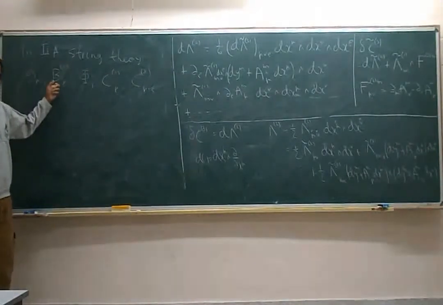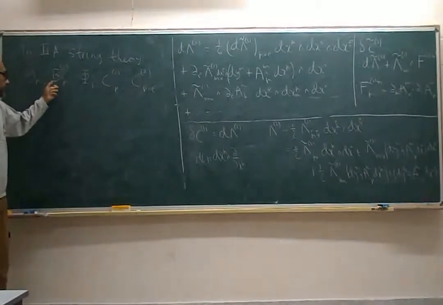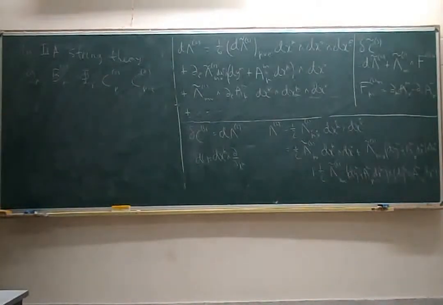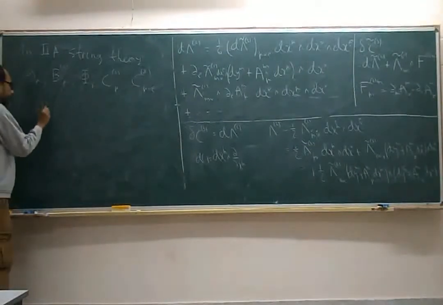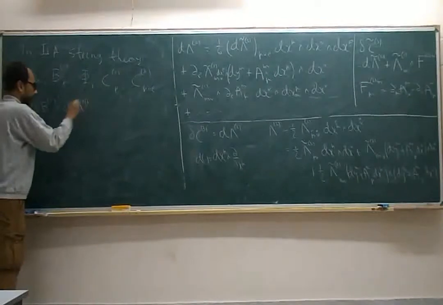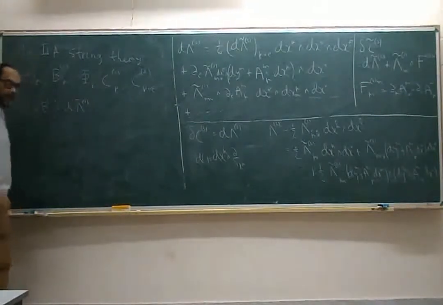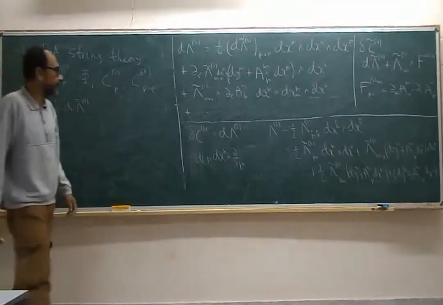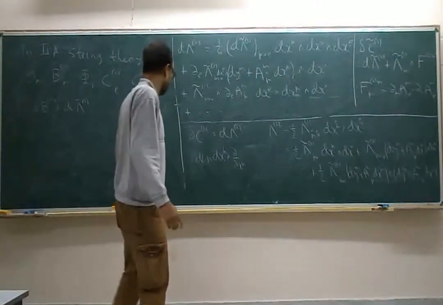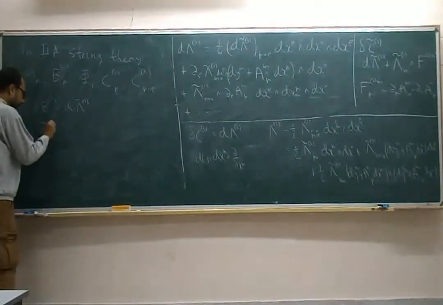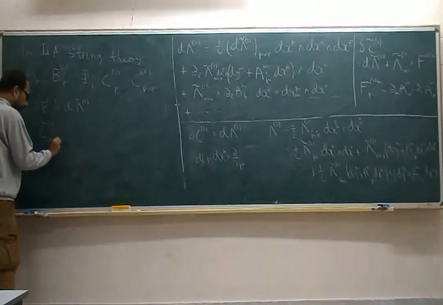B2, let's see how B2 transforms. B2 is a tensor, and the transformation law of B2 is just d lambda bar 1, we call it lambda bar 1. This you can identify, I erased that C2, as what you have called C tilde 2 M mu nu.